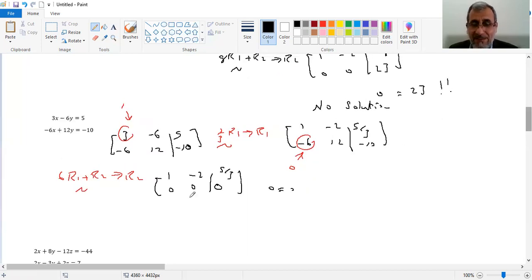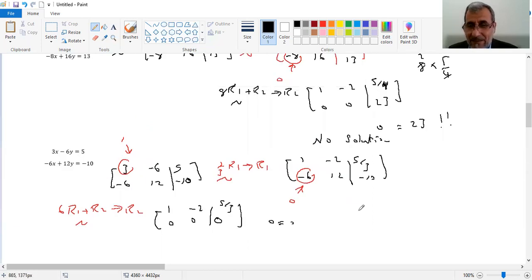See, the first row gives x minus 2y equal to 5 over 3. Move the y to the other side, so x equals 5 over 3 plus 2y. Let y be a parameter.